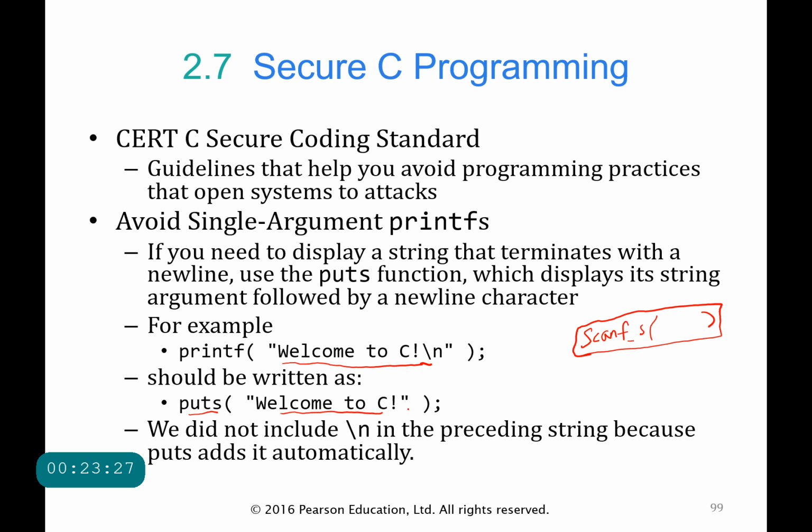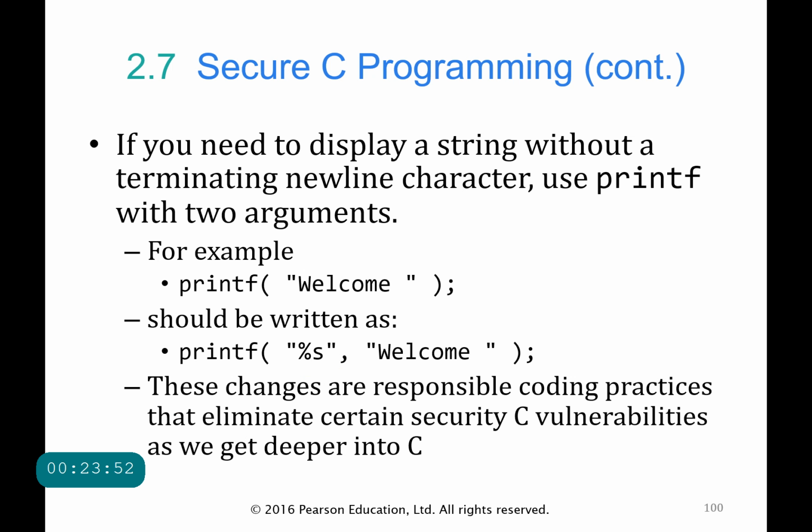In fact, one thing you want to note about this puts function is that it adds a new line by default, so you don't have to specify a \n at the end. In fact, that's one of the problems with puts. So if you wanted to be in a situation where you did not want to print a new line at the end of the string, then you can basically use something like this.